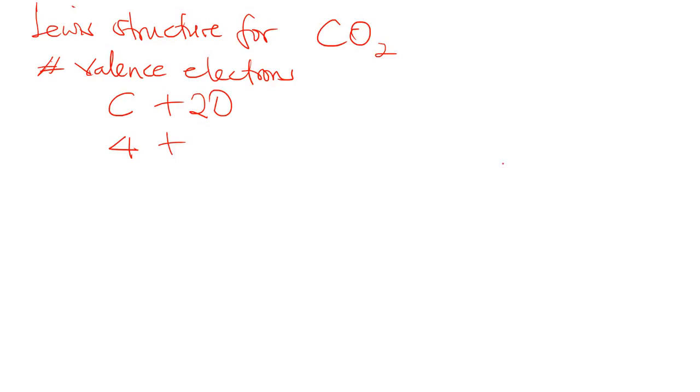So two oxygen atoms have 2 times 6, which is 12, plus 4, or 16 valence electrons.